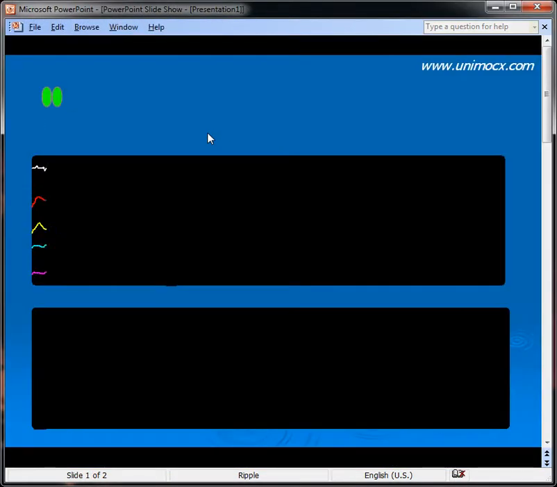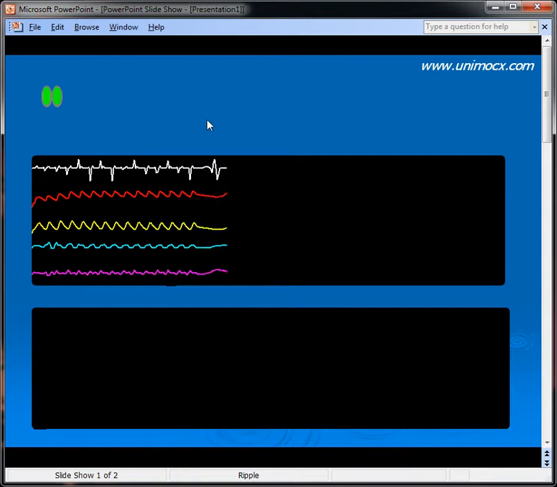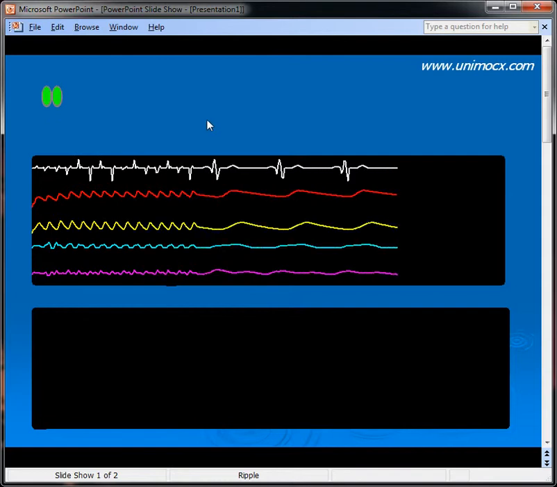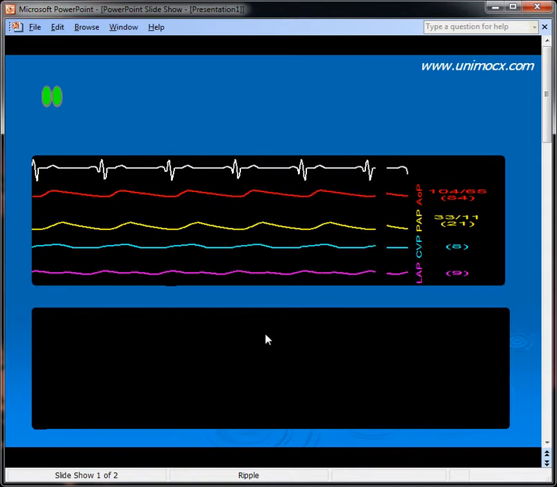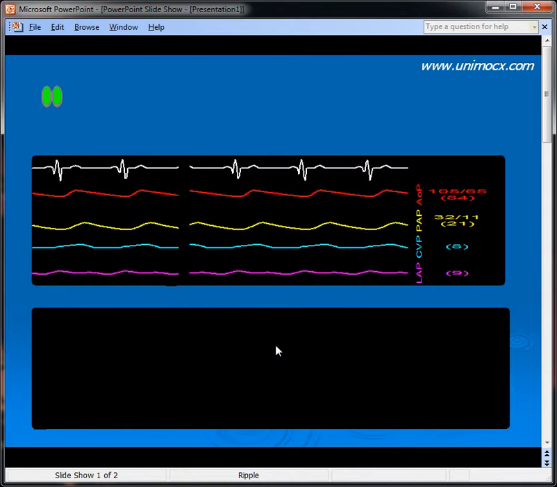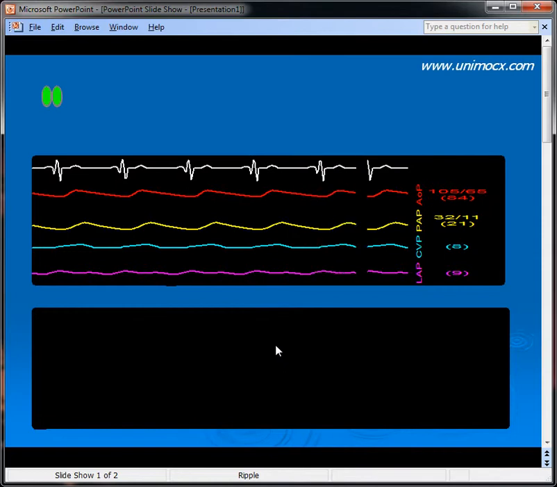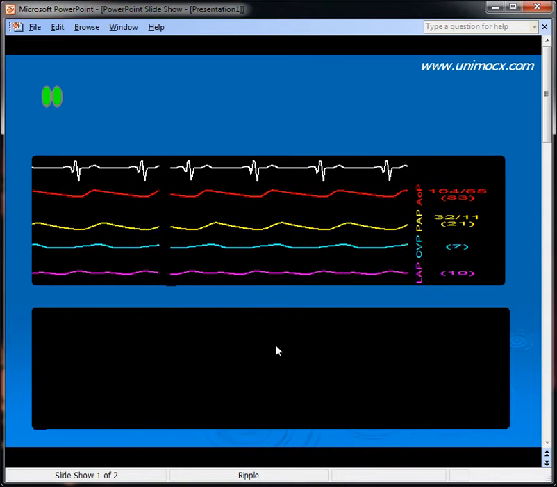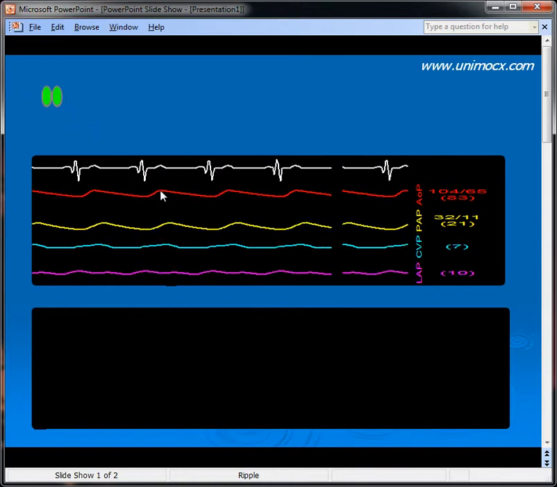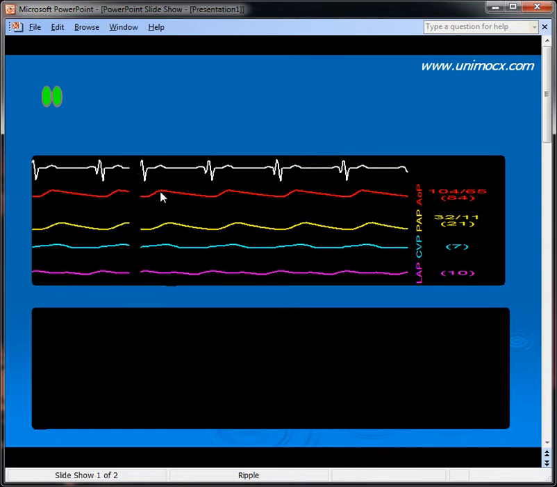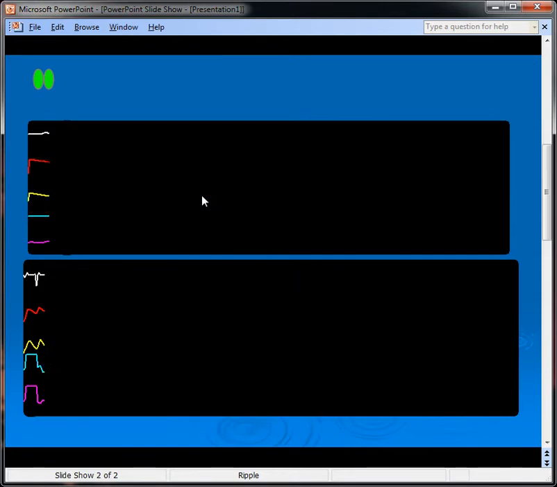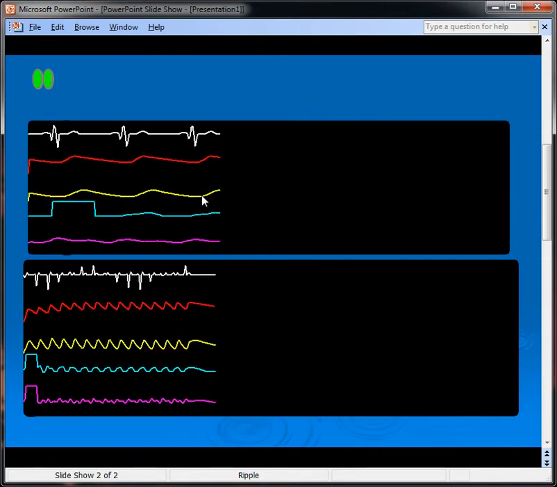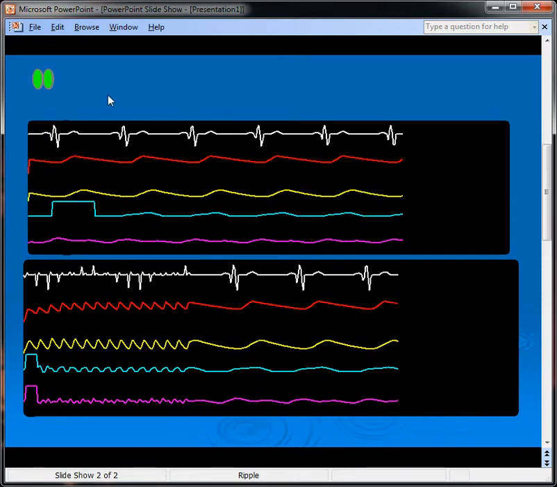So if we start our presentation, you'll see that we still aren't getting anything on this particular chart control, even though it is tied to the second UniMocX control on the second page. That's because in PowerPoint, that second UniMocX control doesn't actually get activated until it's viewed.